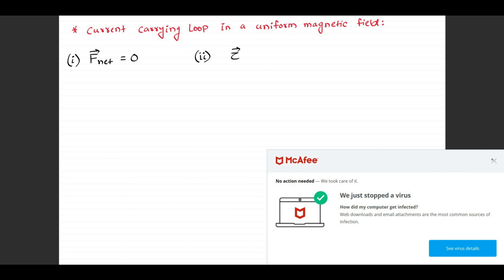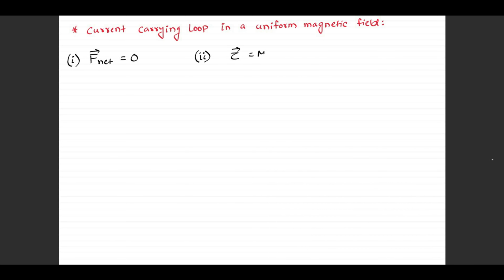Torque will be equal to m cross B. And third, potential energy will be equal to minus m dot B. These all results are synonymous with what we have discussed for electric dipole in a uniform electric field.